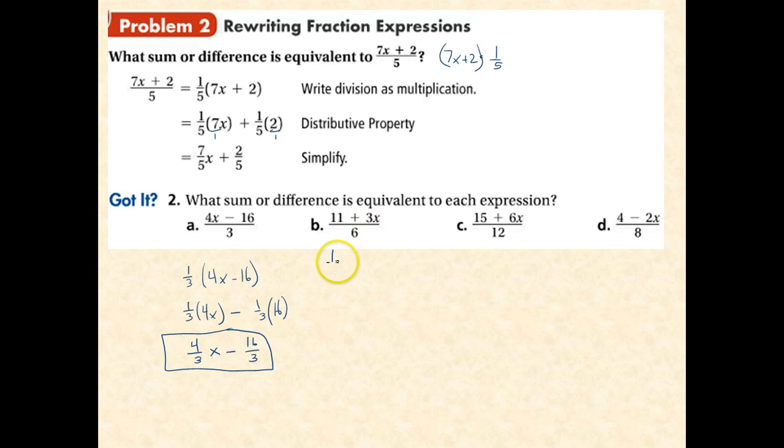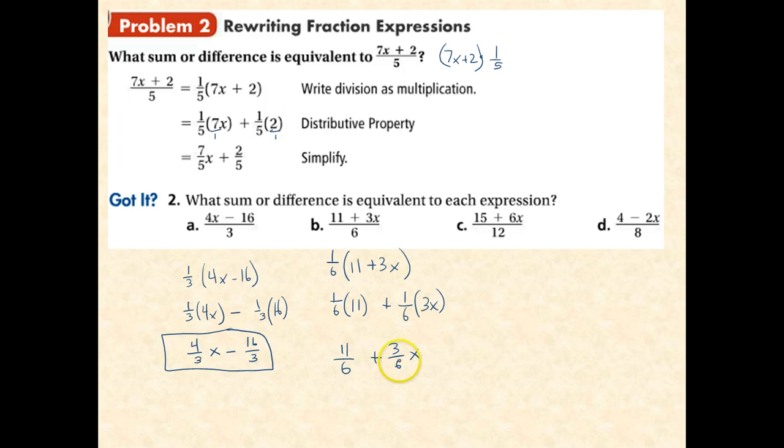B is 1/6 times 11 plus 3x. That's 1/6 times 11 plus 1/6 times 3x. So over here we're going to get 11 over 6 plus 3 over 6x.